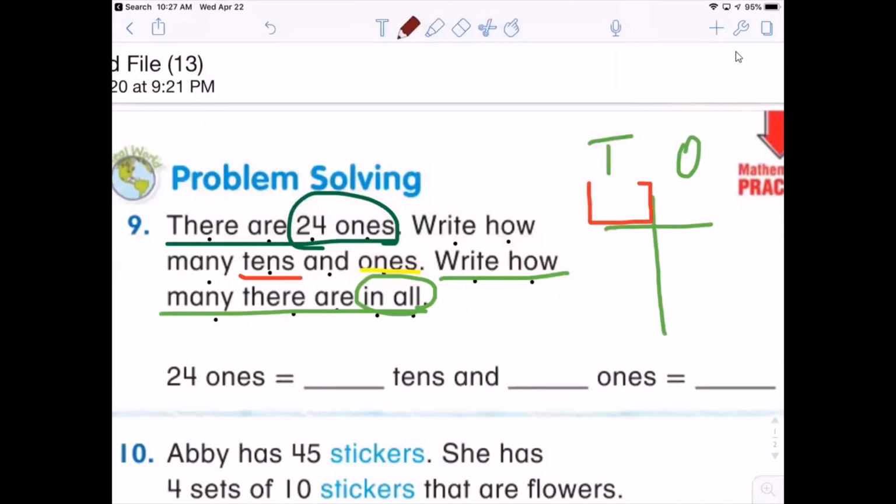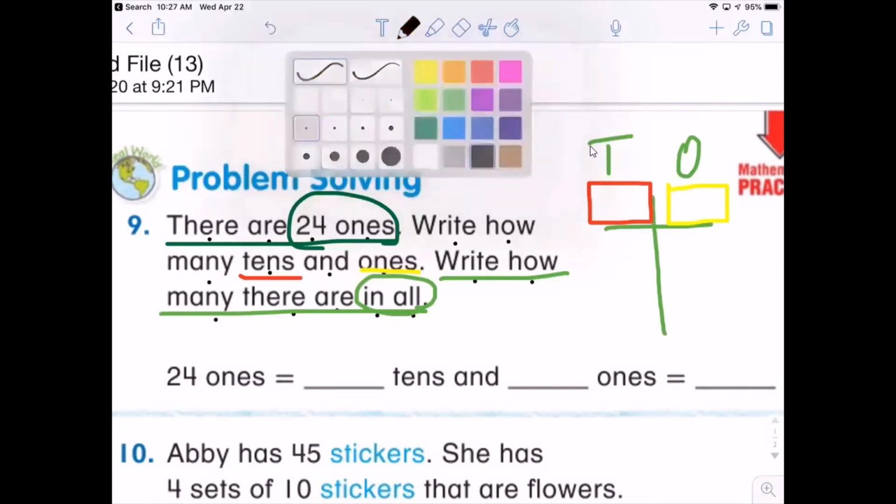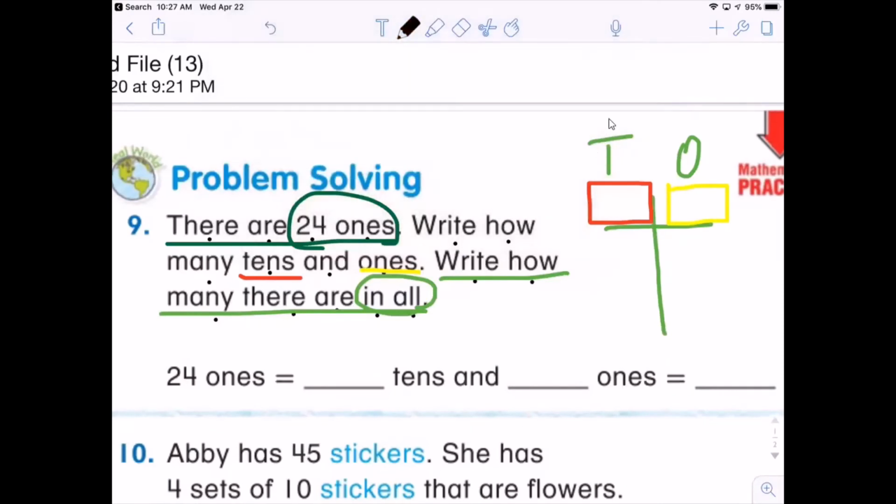I know this is my tens group. I know this is my ones group, okay? Now, I need to write in the information, okay? How many groups of 10 do I have, okay? Which is in my tens place? The 2. So how many groups of 10 do I have?